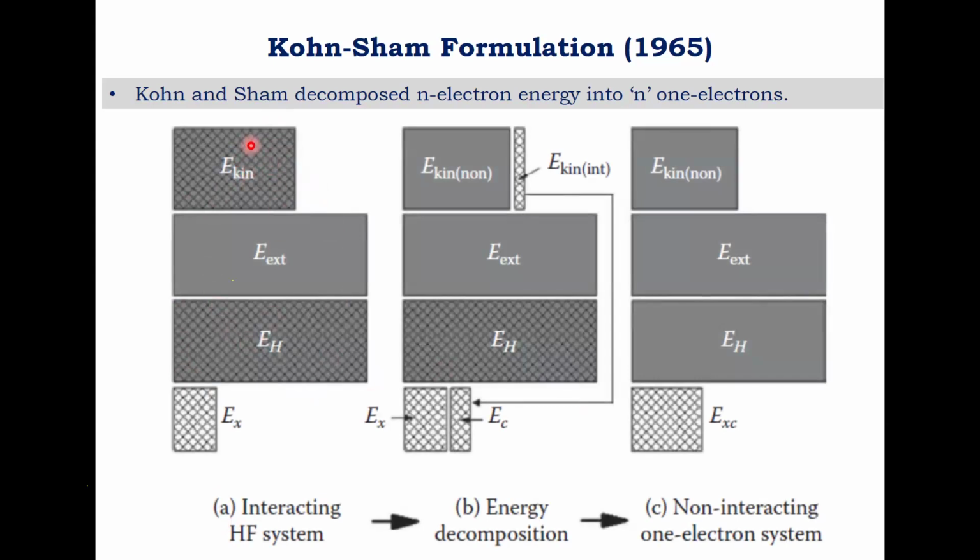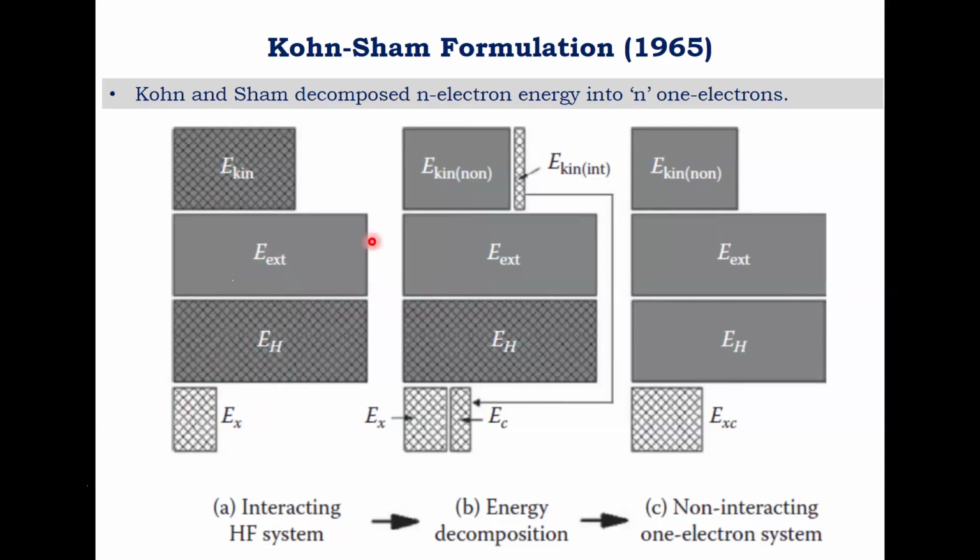Kinetic energy is interacting. External energy is non-interacting, because we take one electron at a time and find its interaction with the nuclei. Hartree energy is the interaction between electrons, so it is also interacting energy. Exchange energy is the interaction energy between two electrons having the same spin. This is the actual interacting Hartree-Fock system.